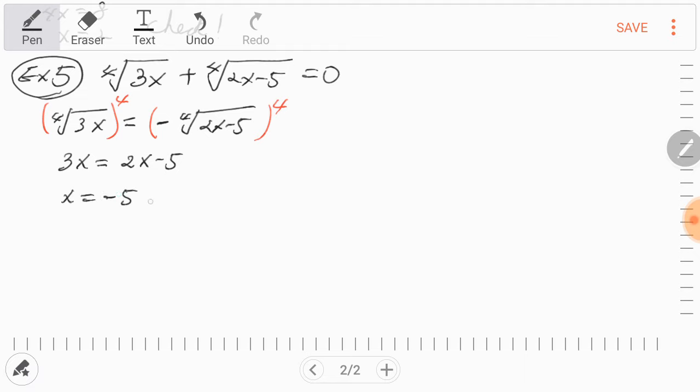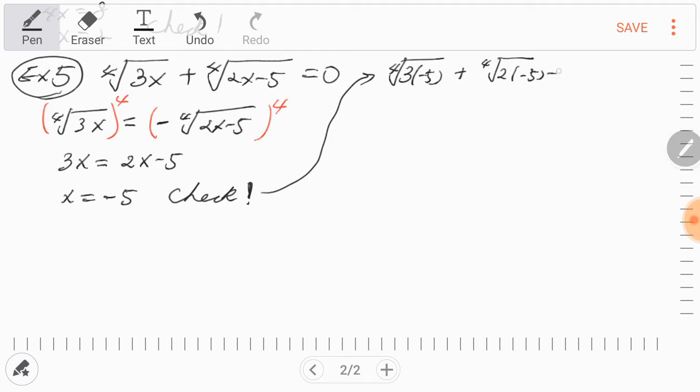We got the x value, but we always have to check. We are looking for a real solution, not a complex or imaginary solution. So let's check this answer. Let's plug it in. 4th root of 3 times negative 5 plus 4th root of 2 times negative 5 minus 5. Is it equal to 0?